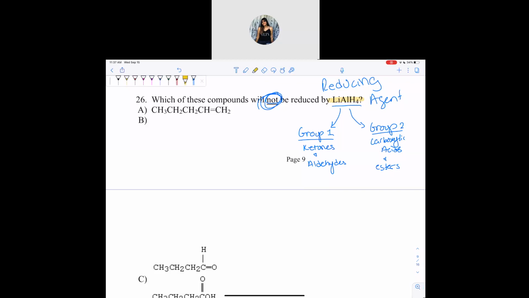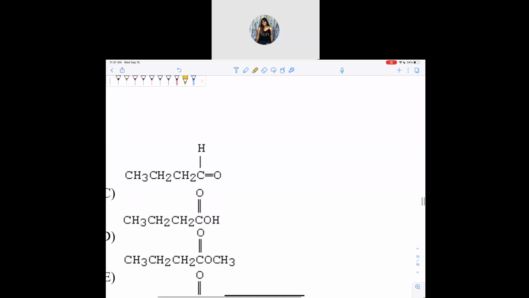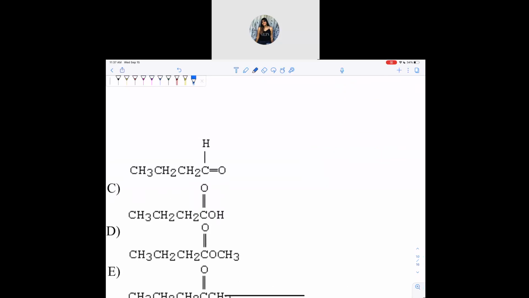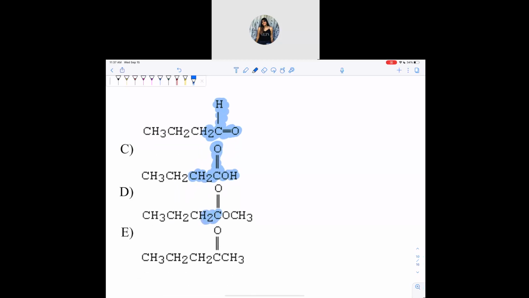Answer choice A is just an alkene. We're pretty sure that's the right answer, but let's double check. Here we have an aldehyde. Here we have a carboxylic acid. Here we have an ester.